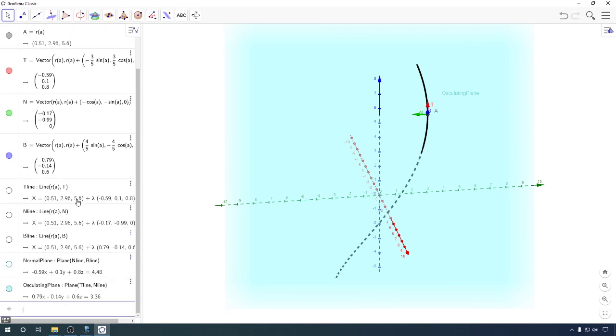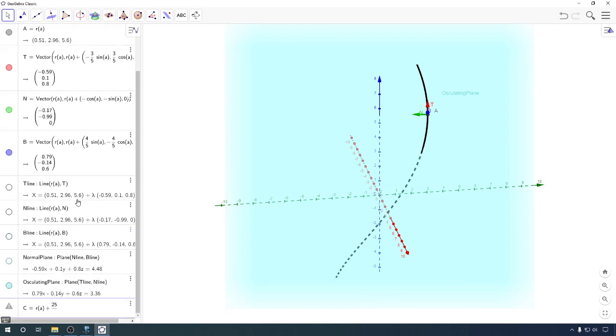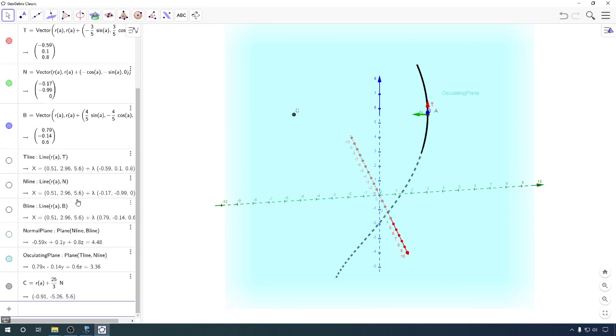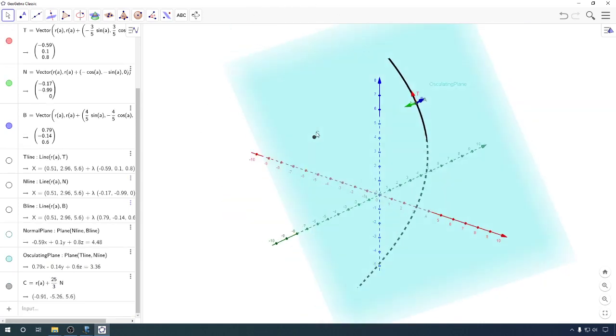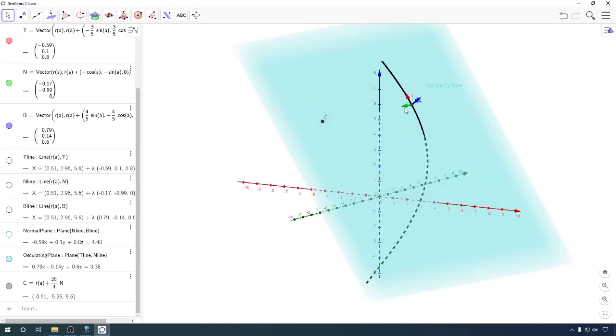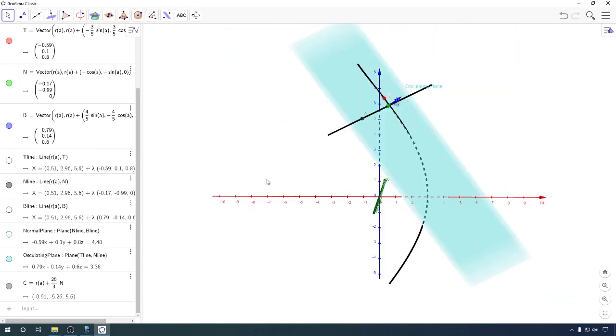So maybe I'll call it capital C. Capital C is going to be the point where I take R of A, and I'm going to add 25/3 times the vector N. That gives me a point over here. It's in the osculating plane. It's actually on the line that follows N. If I show that N line, it actually does pass through that point.